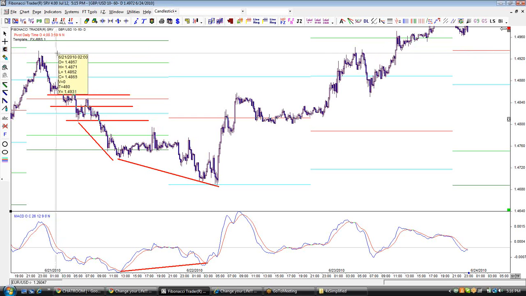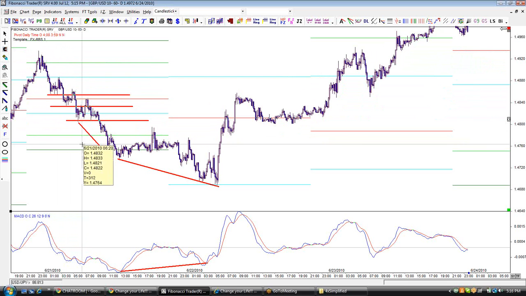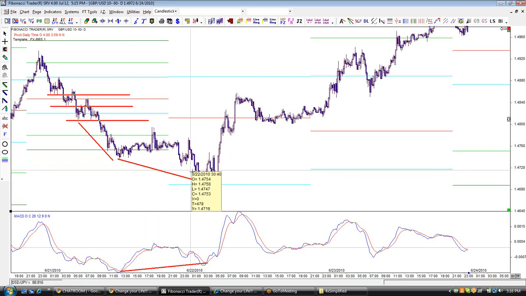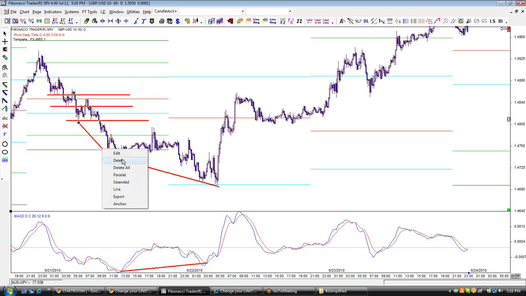Look, MACD is also making lower lows, the same way price is. But at some point, the MACD starts making higher lows while price still makes lower lows. This is what we call MACD divergence.